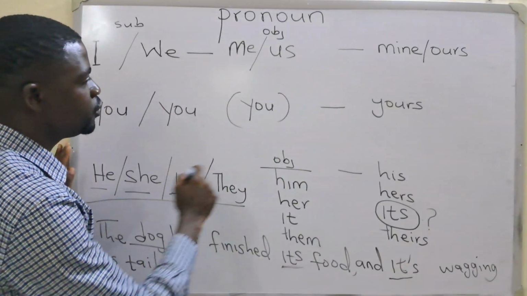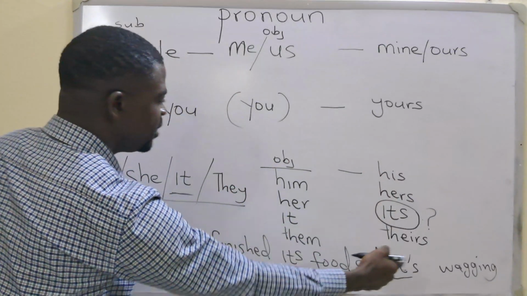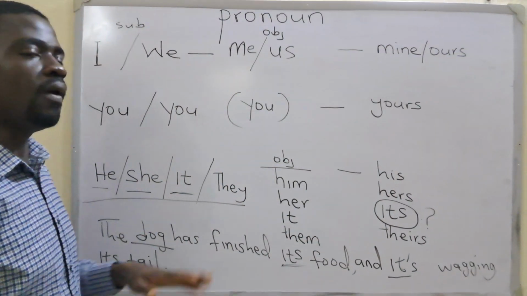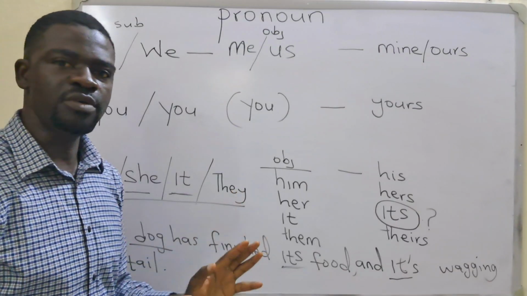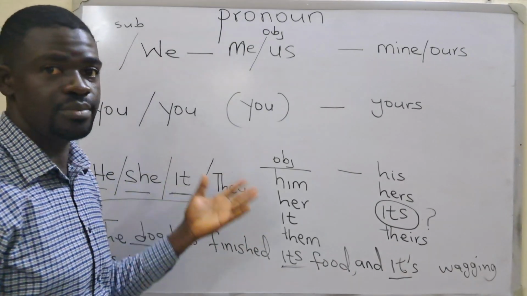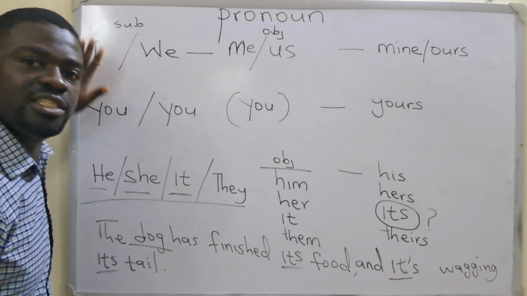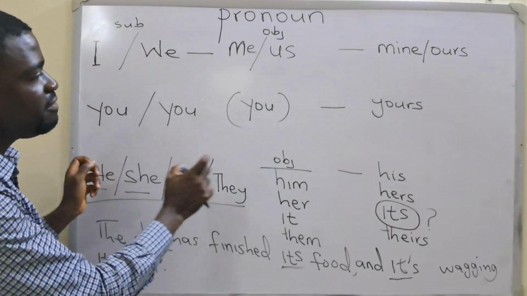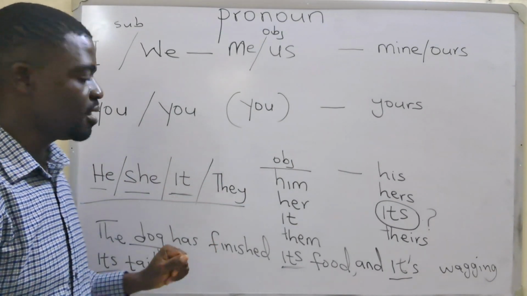How can you use yours, mine, ours, hers, his, theirs, and all of this in sentences. And then we look at the other types of pronouns as well. There are different types of pronouns, just as we have different types of nouns. These ones are the personal pronouns.